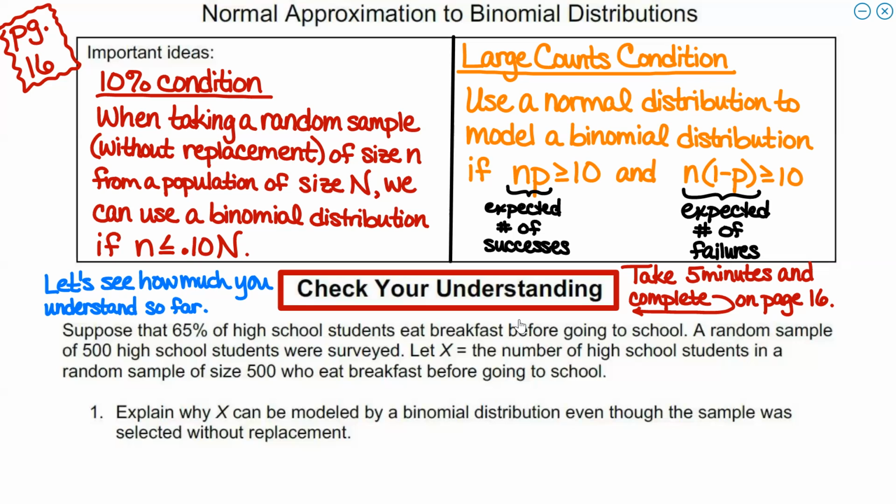Right in the center of your bell curve, what do you have to have labeled? Your mean. What do we say the mean was again? 325. So ballpark where 300 would be on there, and then shade everything to the left, because we want 300 or fewer, 300 or less.